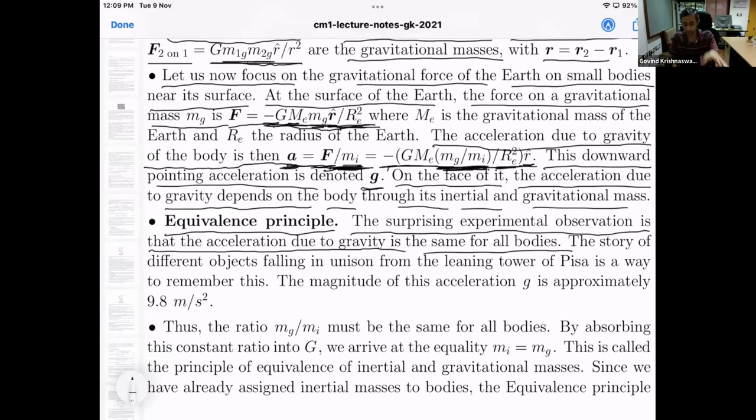I mean, provided they are not so big that inhomogeneities in Earth's gravity become important. So this is the surprising experimental observation that all bodies fall in the same manner. More precisely, all bodies undergo the same acceleration due to gravity.